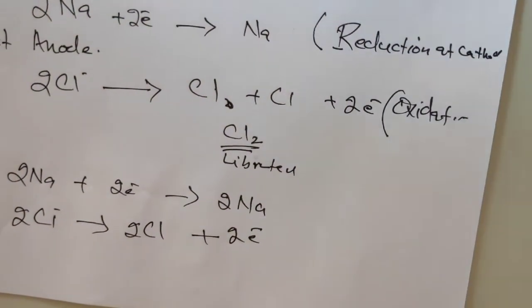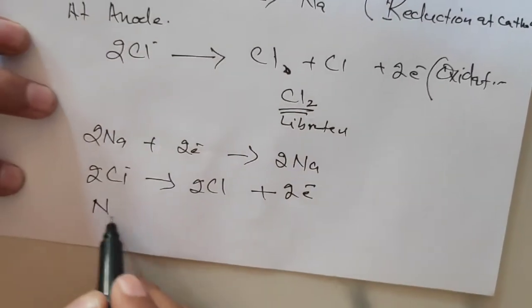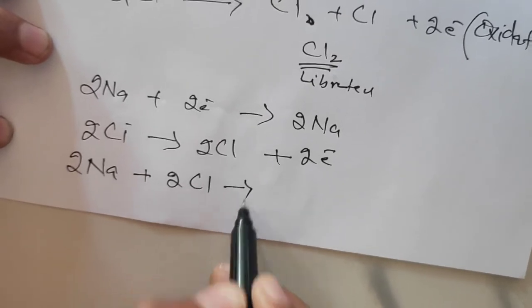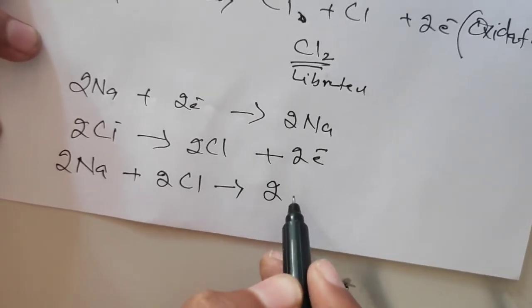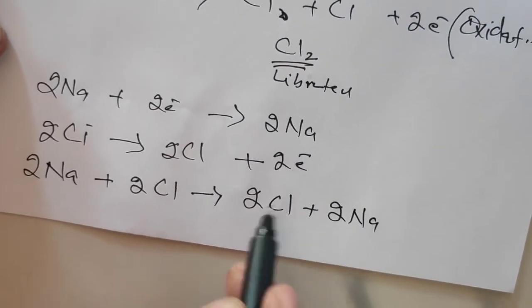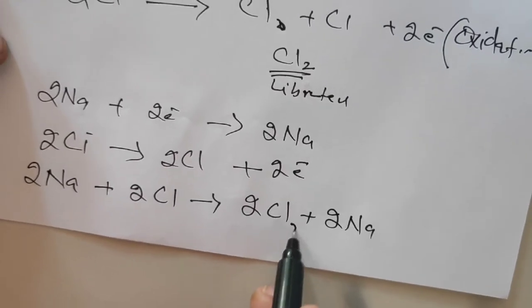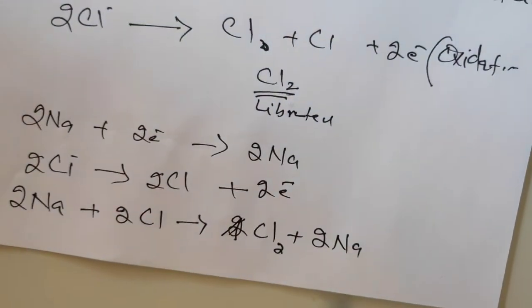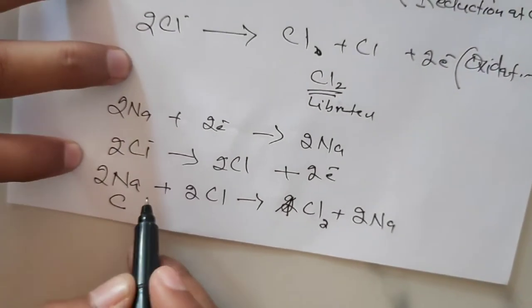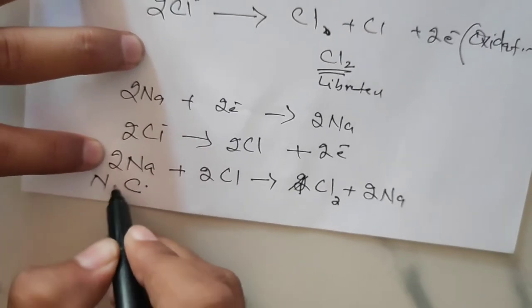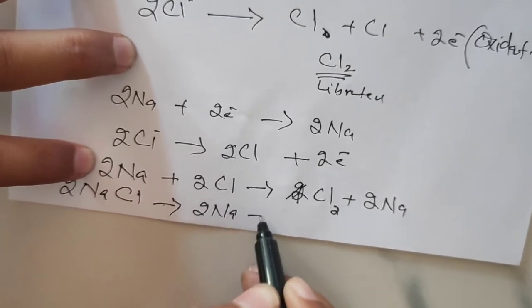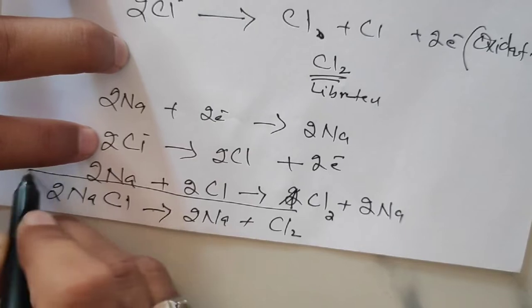So the overall reaction: here we make the chlorine gas, so we can write Cl2 plus 2Na. Finalizing the reaction, 2NaCl will decompose into 2Na plus Cl2 overall.